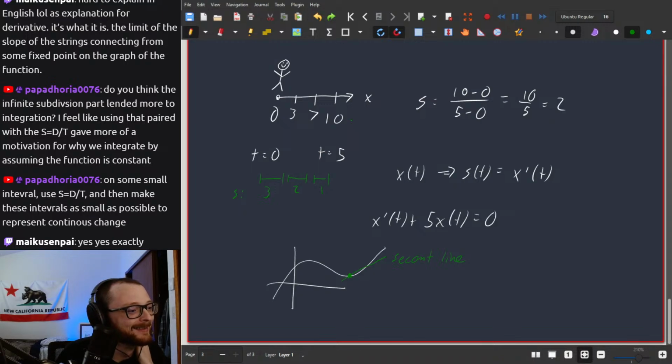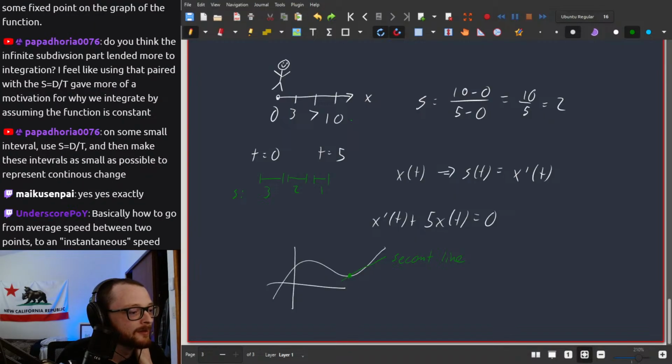Do you think the infinite subdivision part lended more to integration? Yeah, there's definitely some integration, because I was keeping 0 and 10 fixed. It definitely does feel like integration a bit there too.